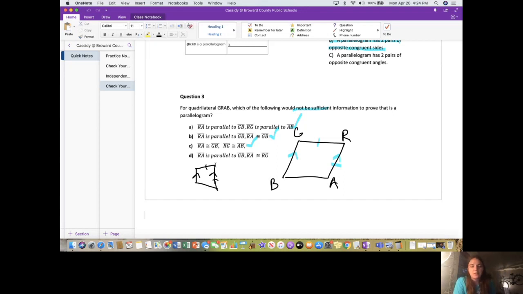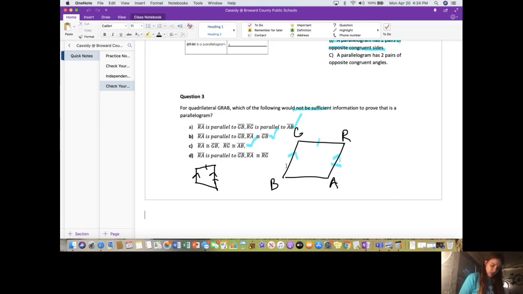I mean, not the best drawing. Maybe it helps, maybe it didn't. But you can have a picture where the sides are parallel and those are congruent, and it's not a parallelogram. Like this one, this side would not be congruent to this side. Okay, or parallel. All right, so hopefully that helps you.